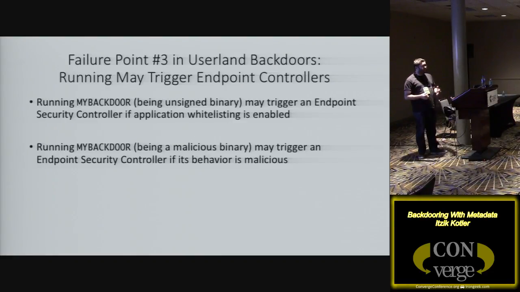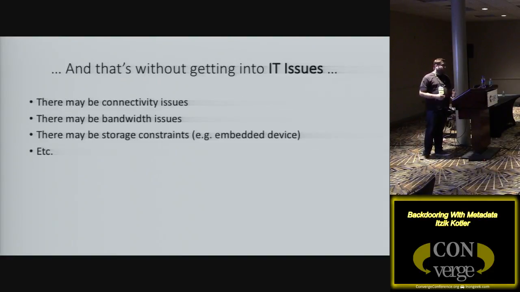And even if there isn't, running it could trigger a security endpoint on that machine, bless you, and have that binary analyzed. And again, the result might come back positive, saying that this is indeed malware. So considering these three vital failure points in user-land backdoors: transferring, dropping, and running.